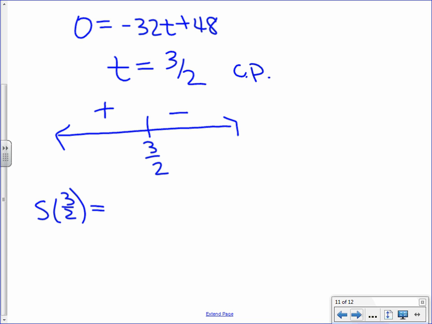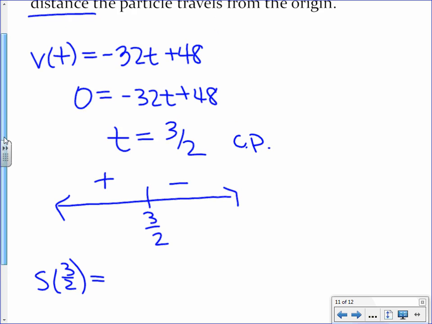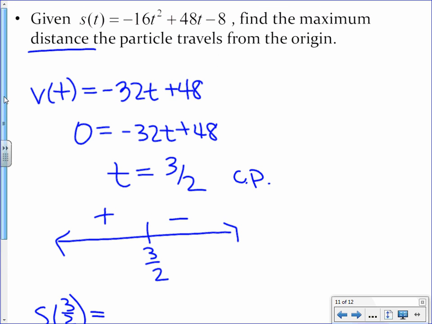I would like you to actually find it. We can maybe do it without a calculator. What's 3/2 squared? 9/4. So 9/4 times negative 16? That's negative 36. Negative 36 plus 48 times 3/2. That's just 24 times 3, which is 72.